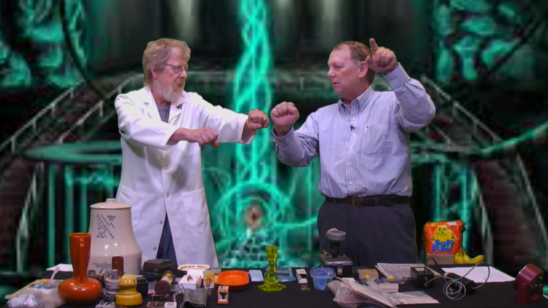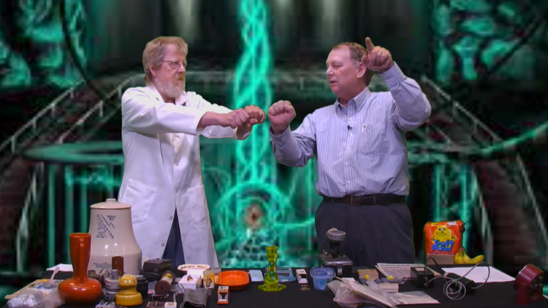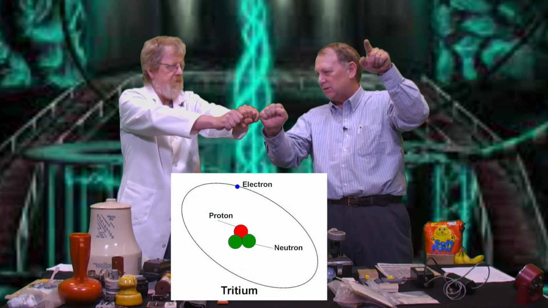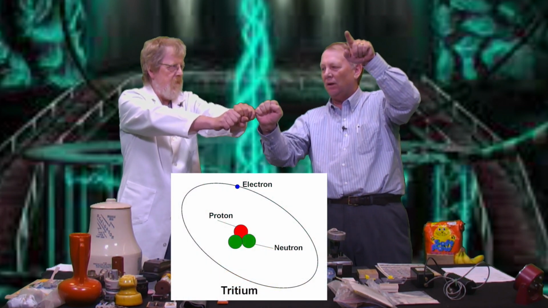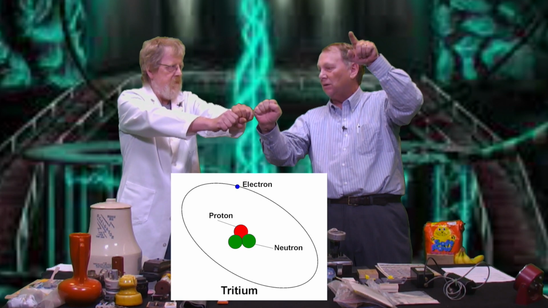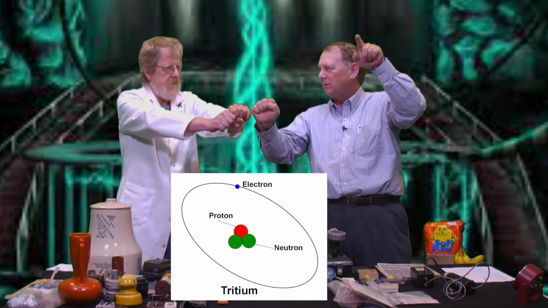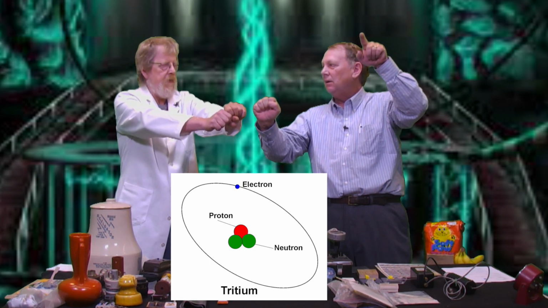Okay. So let's add another neutron to the mix. Now we have one proton, that's me, two neutrons, Tom's two fists, and one electron. So now we have an atomic weight of three and some change. And it's called tritium.